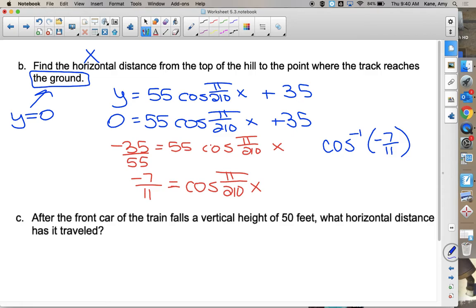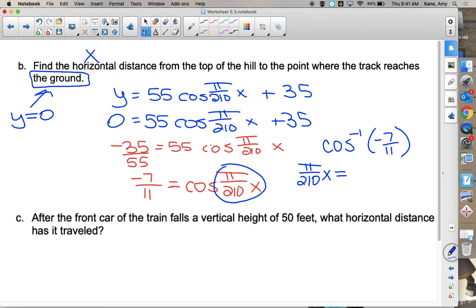So using the inverse cosine in your calculator, maybe we'll go with like 3 decimal places to make it a little more precise. But that number is going to be equal to pi over 210 times x. So whatever number your calculator gives you, that's equal to whatever's with x, because we're solving for x.